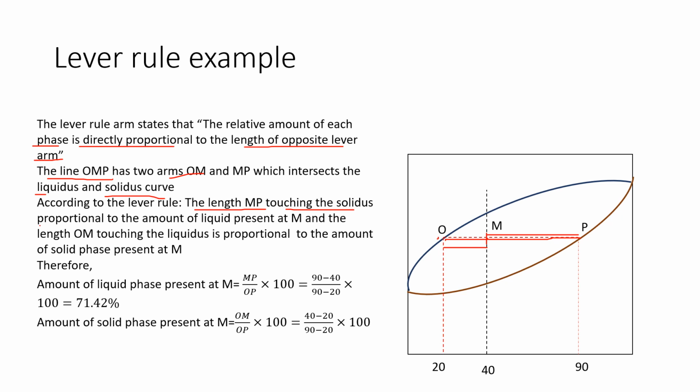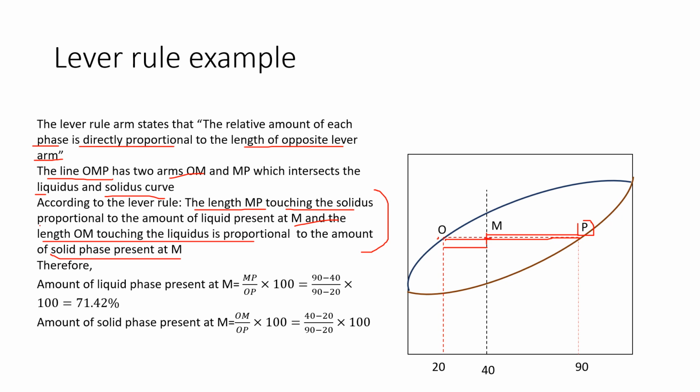According to the lever rule, the length MP, touching the solidus curve, is proportional to the amount of liquid present at M, and the length OM, touching the liquidus curve, is proportional to the amount of solid phase present at M. So we will relate that proportionality to find the amount of liquid phase and the amount of solid phase.